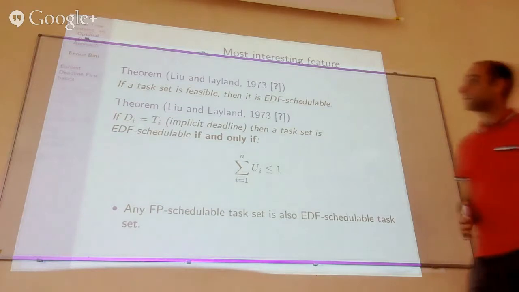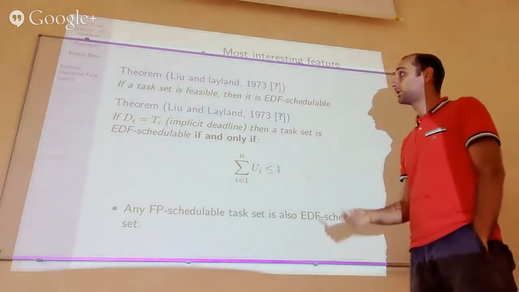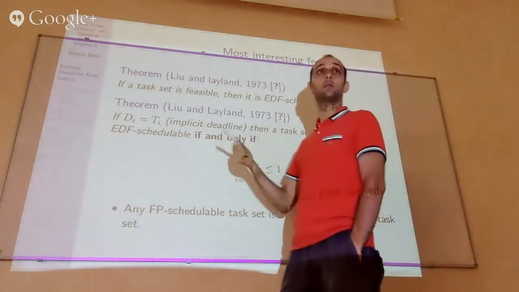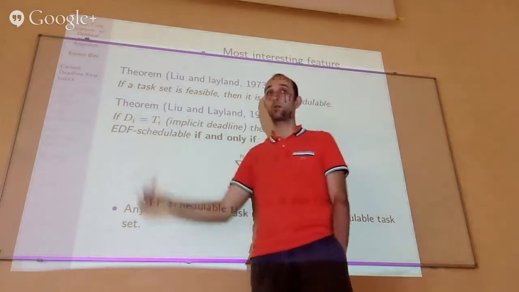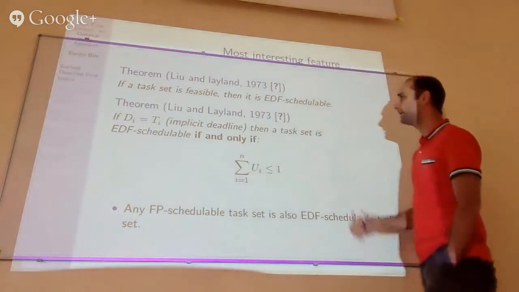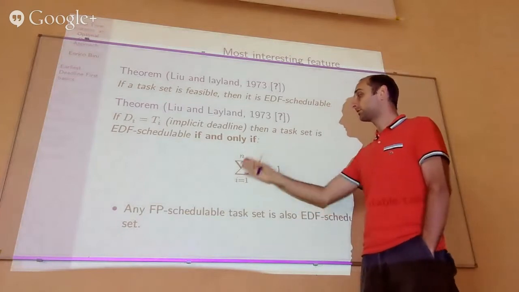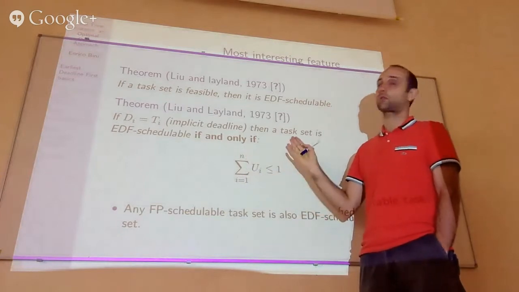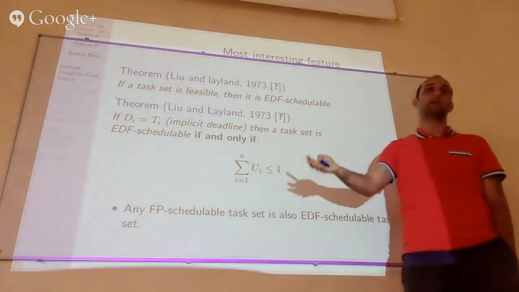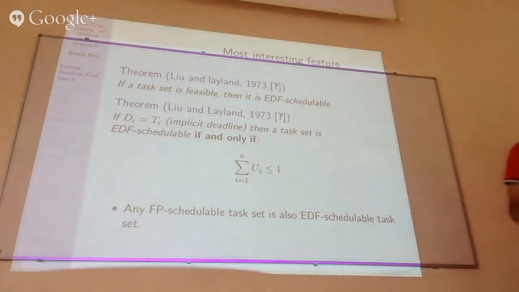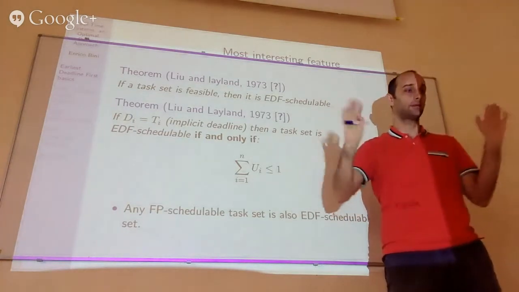Then we have this theorem by Liu and Layland: if we have implicit deadlines, meaning deadline equal to period, then the task set is schedulable if and only if the utilization condition is true. The only if is always true because this condition is necessary for having a feasible schedule. On EDF it is also sufficient, so it's perfect.